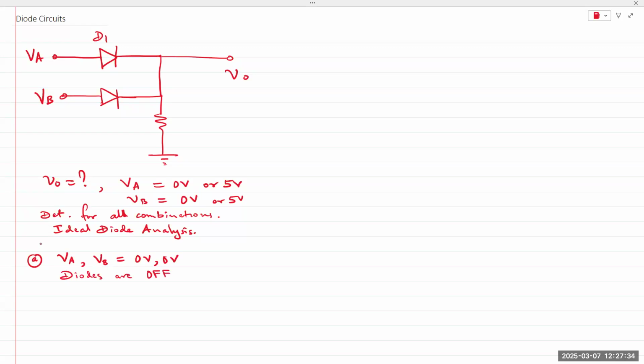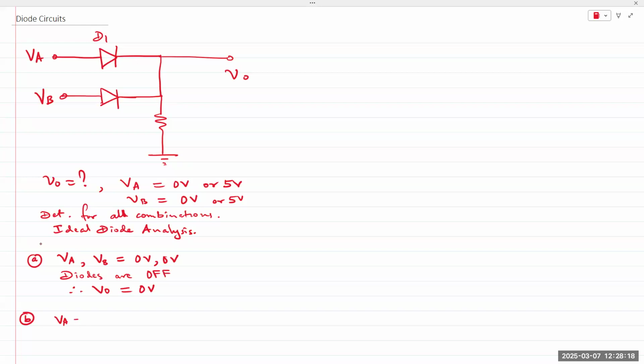If the diodes are off, what is VO? If anodes are connected to 0 volts, diodes are off, reverse bias. Diodes are not forward bias, basically. So if diodes are off, V out is connected across the resistor. There's no voltage, 0 volts.